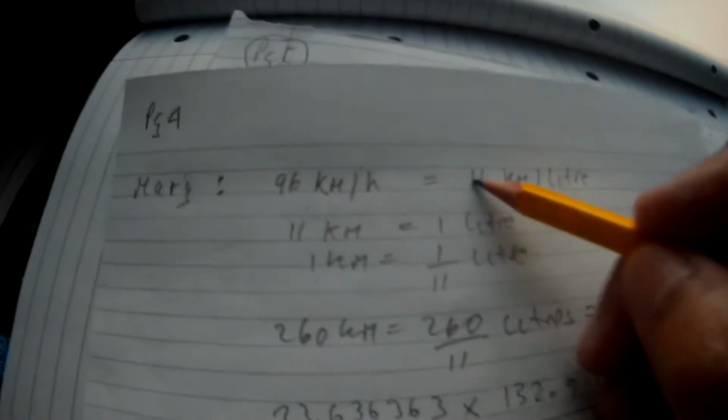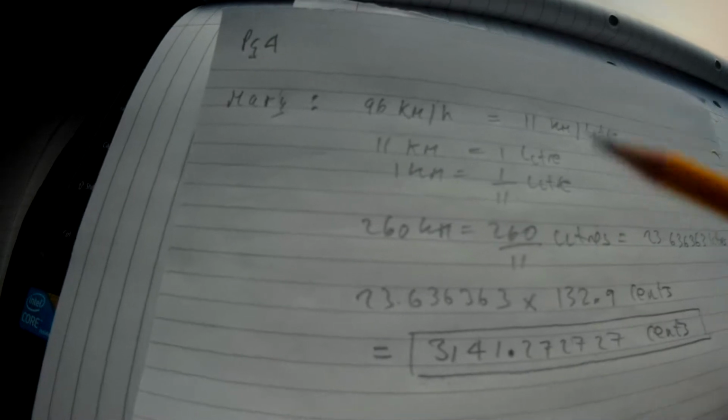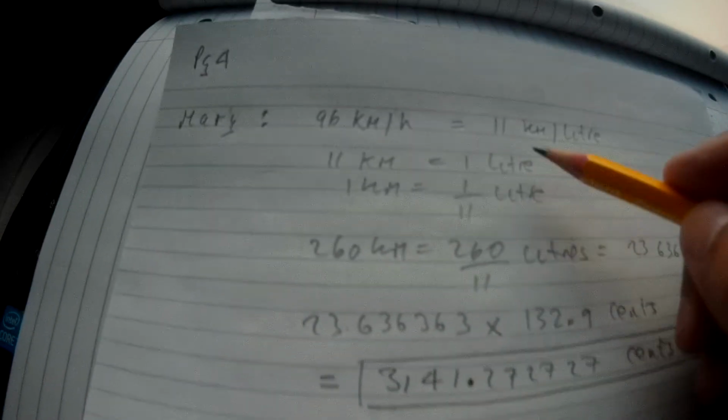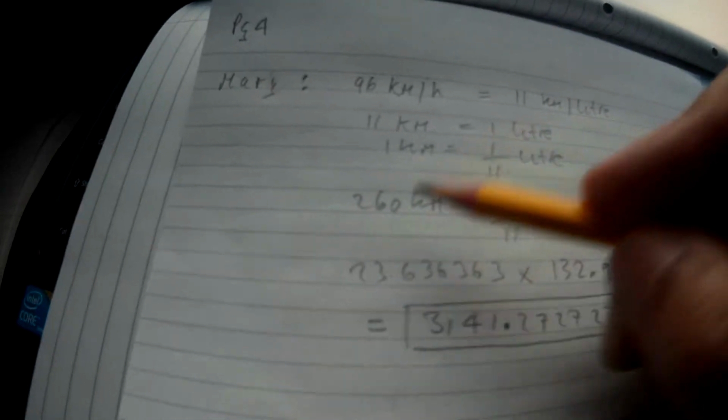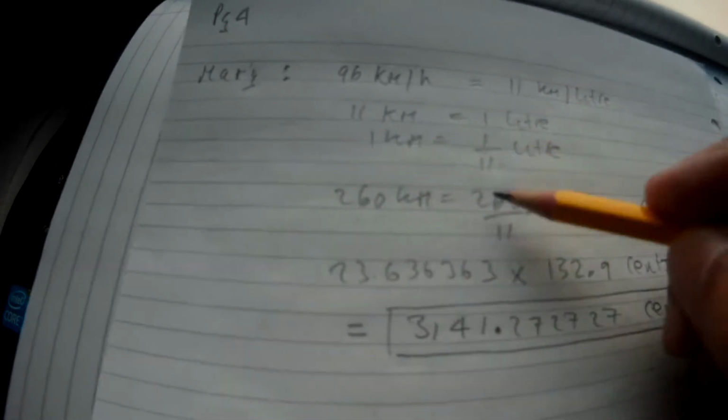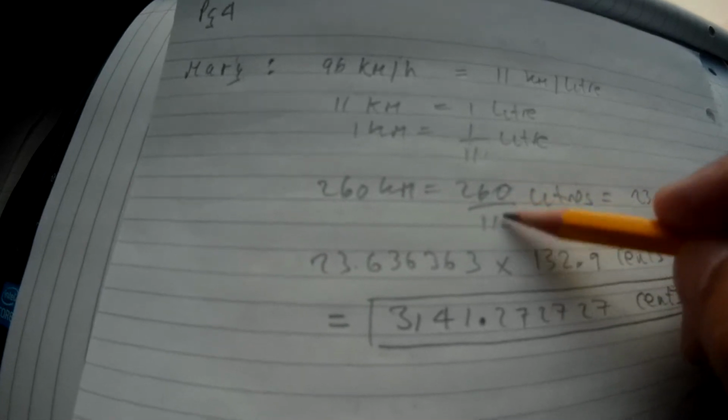So 11 kilometers is equal to 1 liter. 1 kilometer is equal to 1 divided by 11 liters. 260 kilometers is equal to 260 divided by 11 liters.